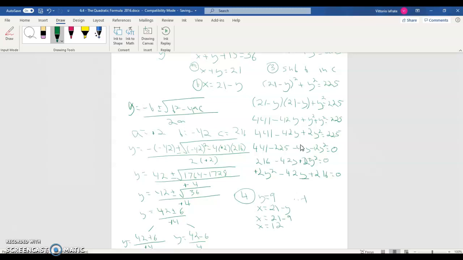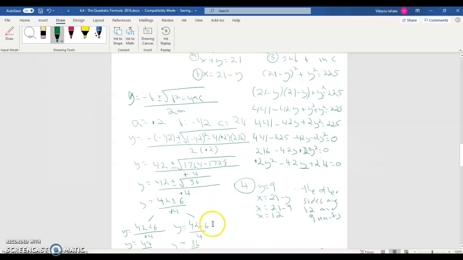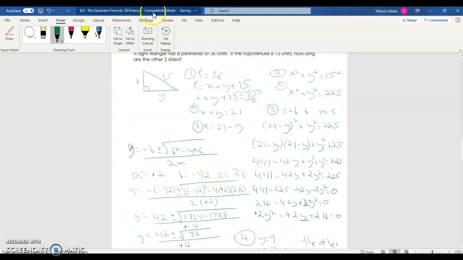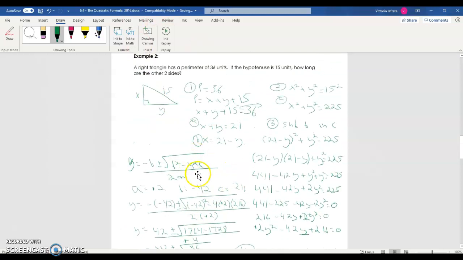Therefore, the other sides are 12 and 9 units. And so we've solved that using our quadratic formula to find the length of the sides.